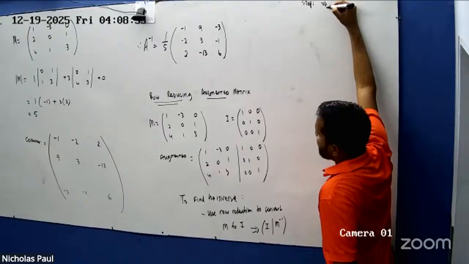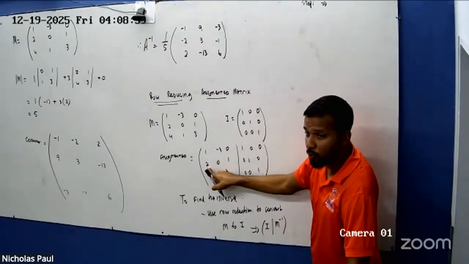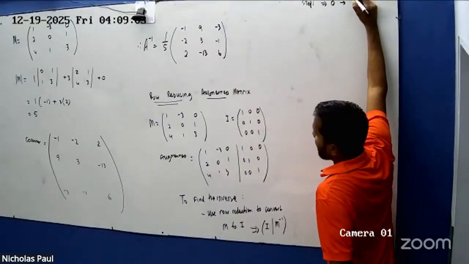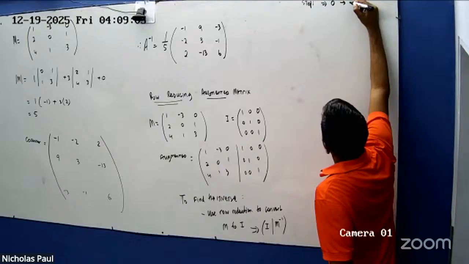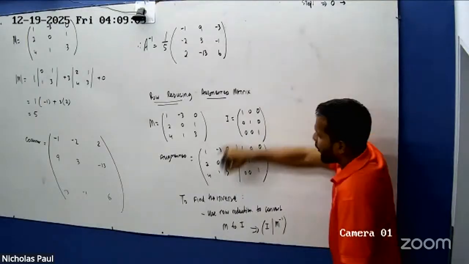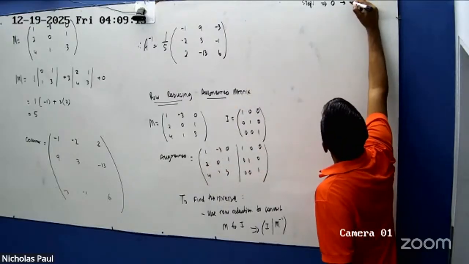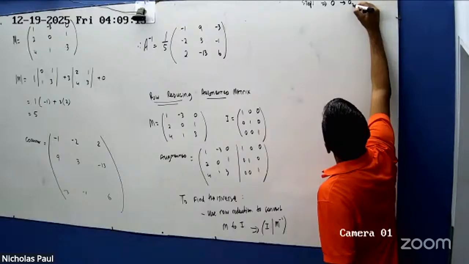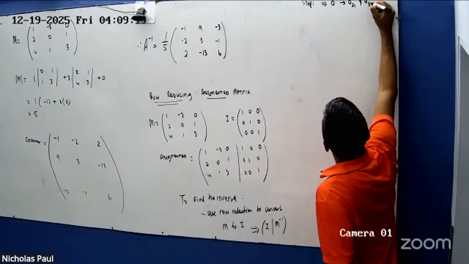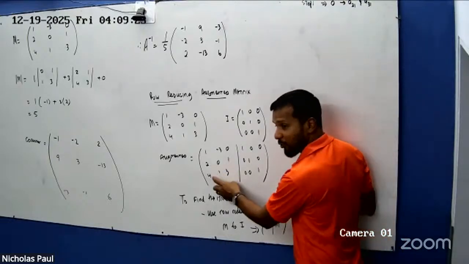My first step is to get a 0 in row 2, column 1, and row 3, column 1. I'll use the normal notation. How do I get zeros here?